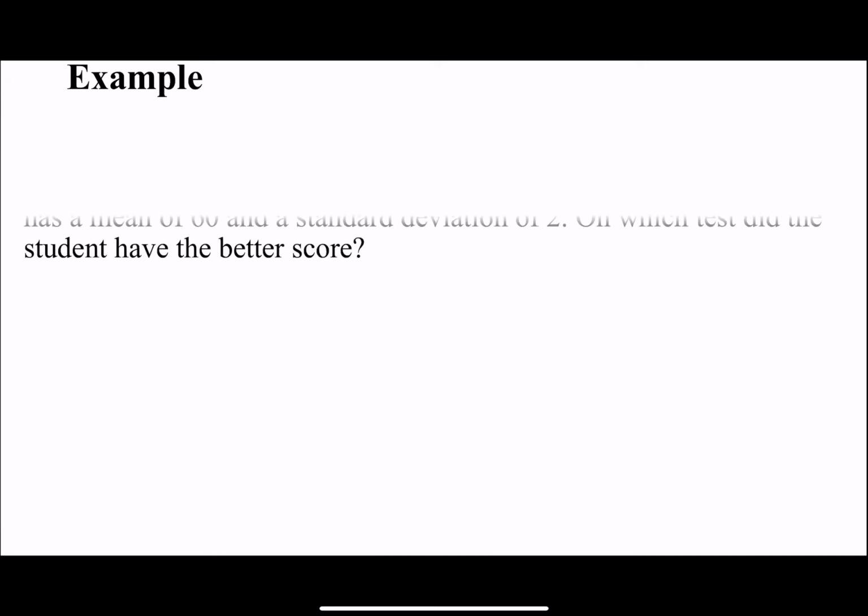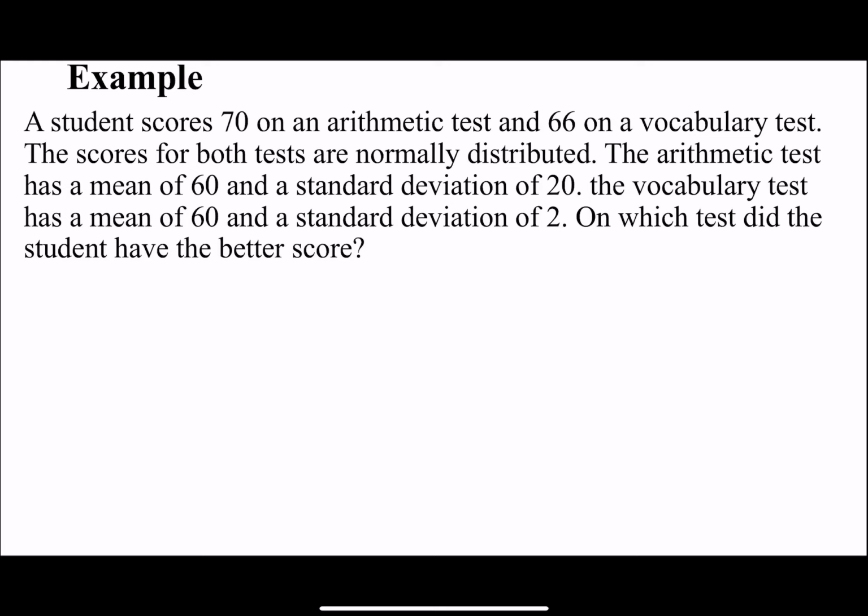So, for example, we have a student that scores 70 on an arithmetic test and 66 on a vocabulary test. The scores for both tests are normally distributed. The arithmetic test has a mean value of 60 and a standard deviation of 20, and the vocabulary test has a mean value of 60 and a standard deviation of 2.